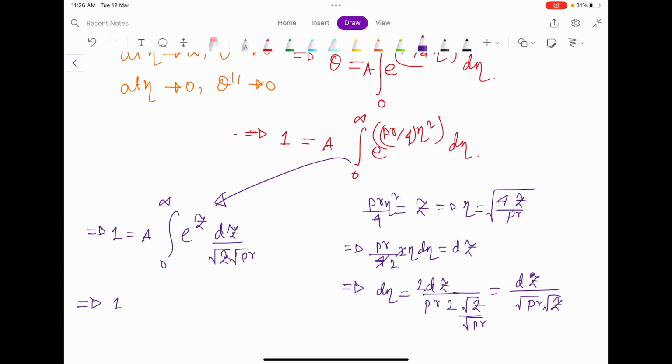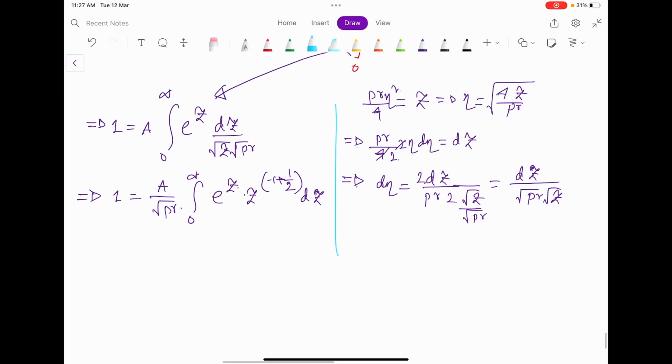So here 1 equals a by root Pr and integral 0 to infinity e to the power minus z, z to the power minus half, and minus half I can write as half minus 1, dz.